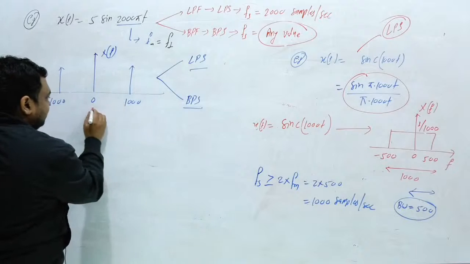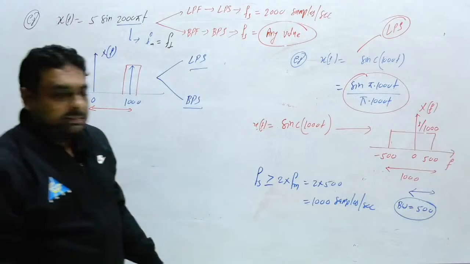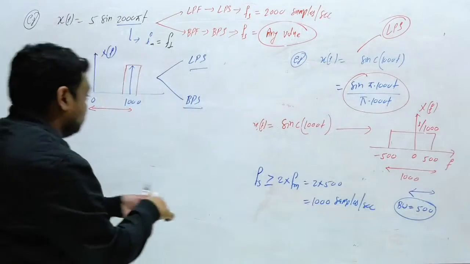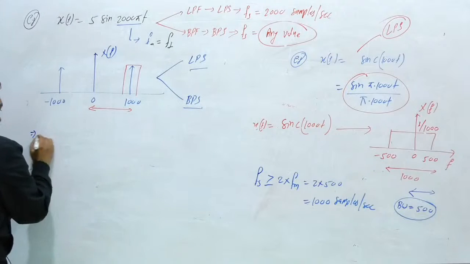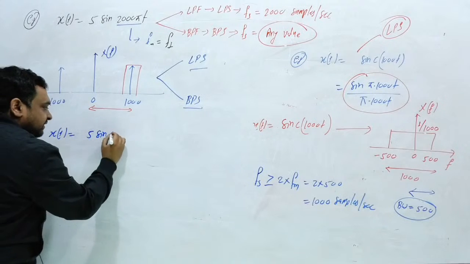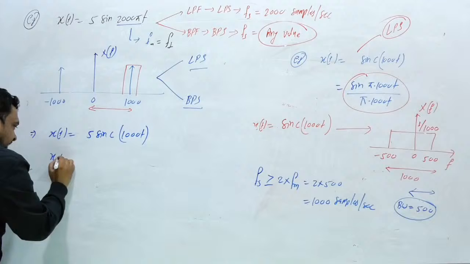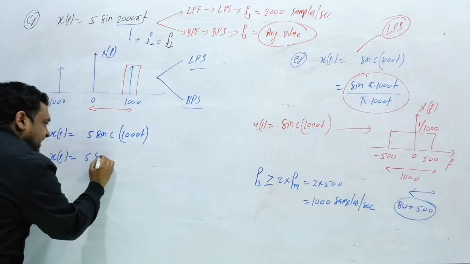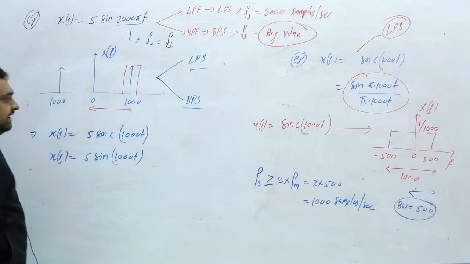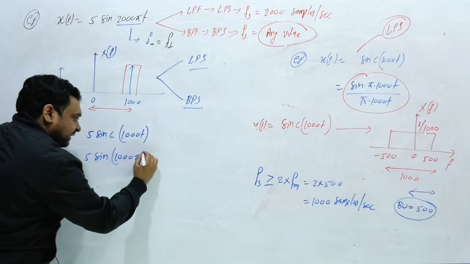You can treat this signal as a low pass also, and you can treat this signal as a band pass also, but this is only a low pass signal, 0 to 500, clear? Now, if I write this question, x of t is equal to, suppose, 5 sinc 1000t, or second question, x of t is equal to 5 sin 1000 pi t.